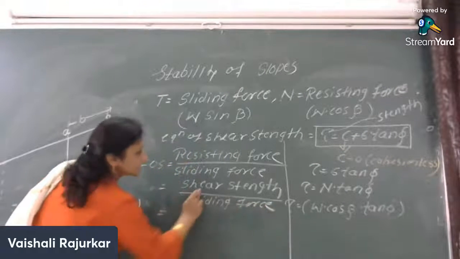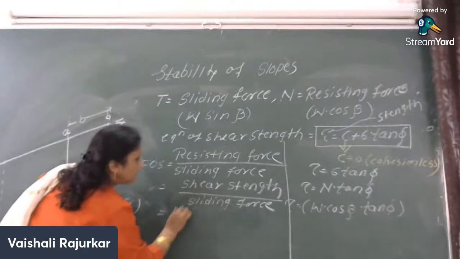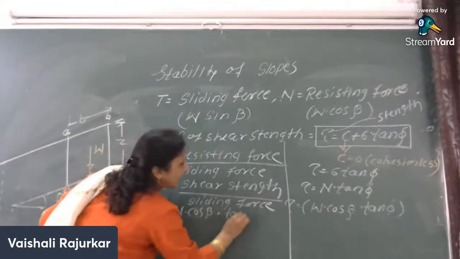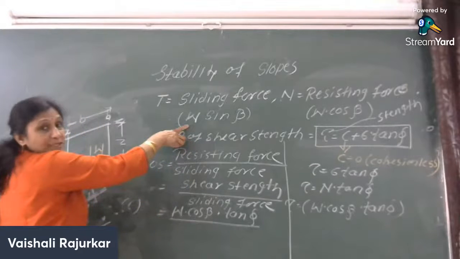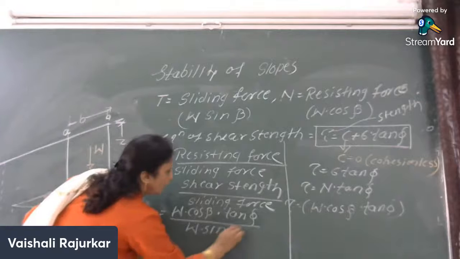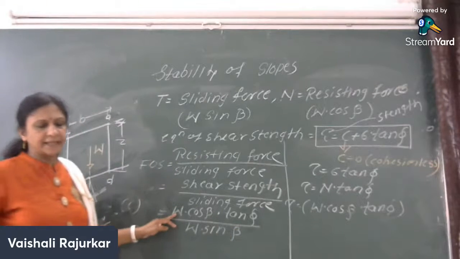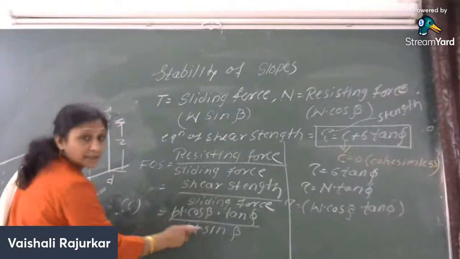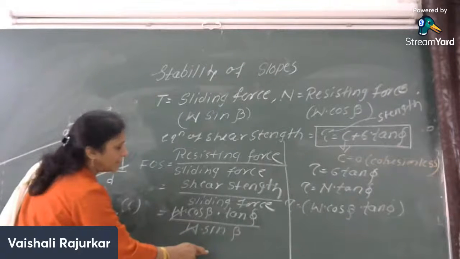So here we will just take this value of shear strength from here, and it will be W cos beta into tan phi, divided by W sin beta. Now here, as this W is getting cancelled, sin will take this cos beta into the denominator.